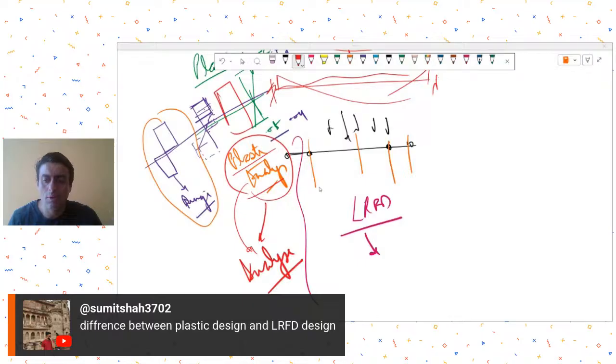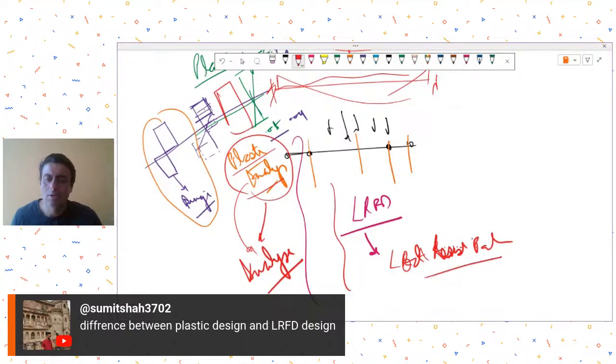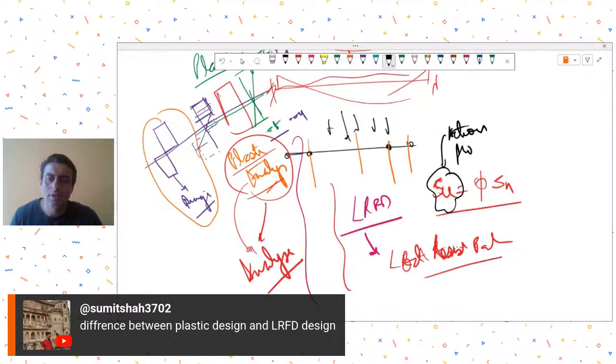Now, LRFD is load and resistance factor design. Here we are saying that whatever actions are generated due to external loads have to be less than the nominal strength of the cross section.